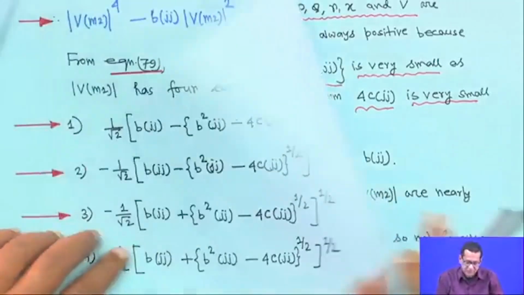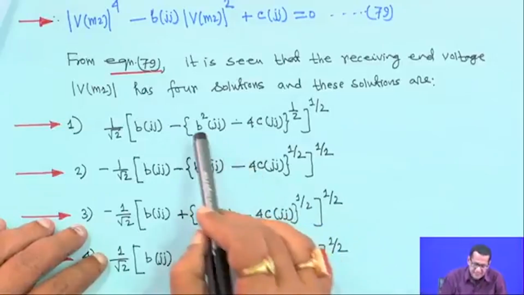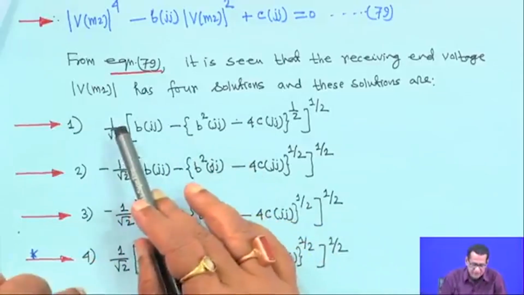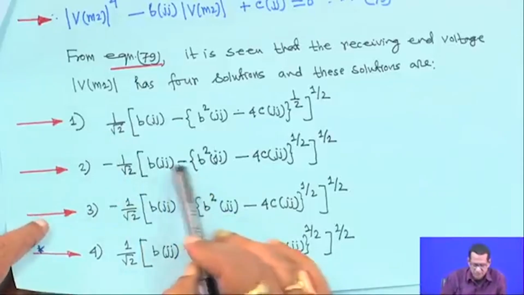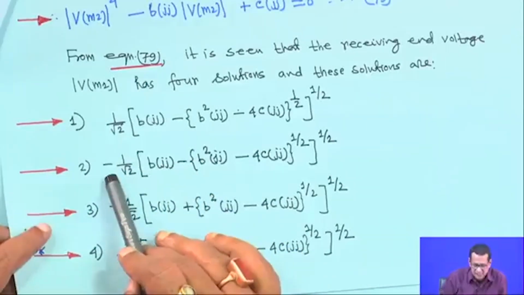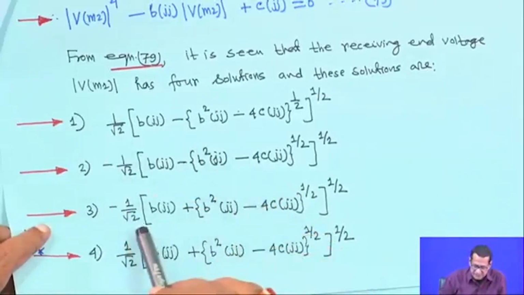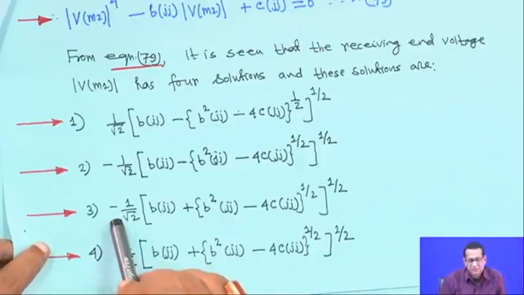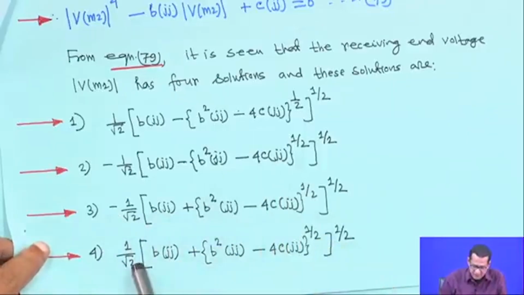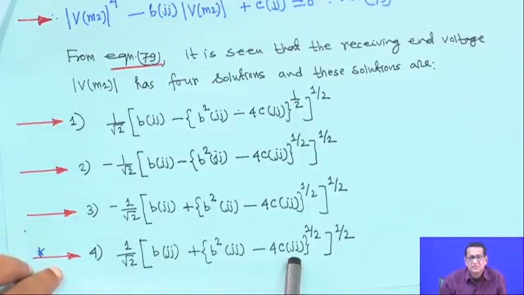So if this term is B_jj, then the first and second solutions will be approximately 0. Although the minus sign is there and they are infeasible, the first and second are becoming 0. Now, in the case of the third solution, the minus sign is there, and voltage magnitude cannot be negative, so this is also discarded. Only the fourth one is the feasible solution.